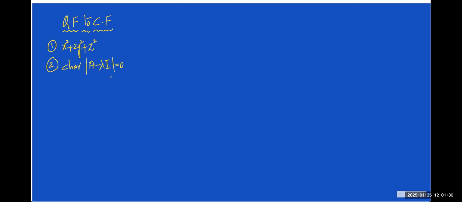You will get your eigenvalues. If the order of the matrix is 3, you will get 3 eigenvalues, and for each eigenvalue, there exists at least one eigenvector.